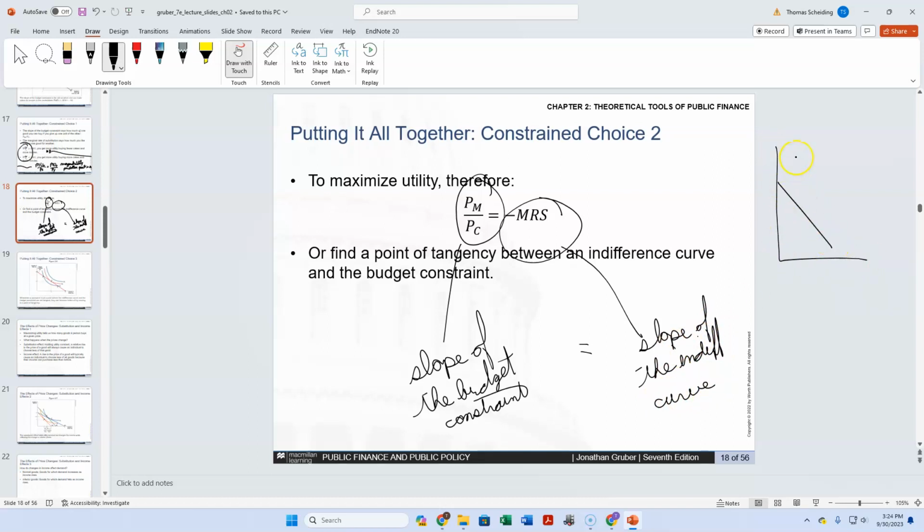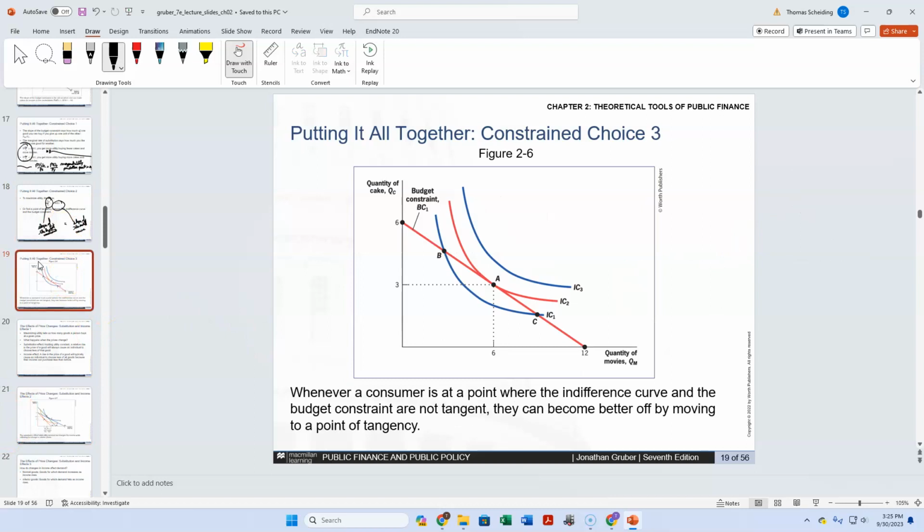In other words, a picture like that. The two slopes are equal to each other, with the budget constraint presumably acting as a line of tangency on the indifference curve, which we see right here.